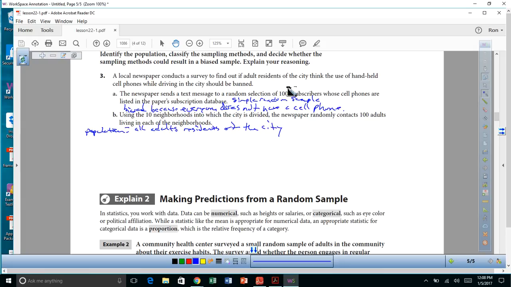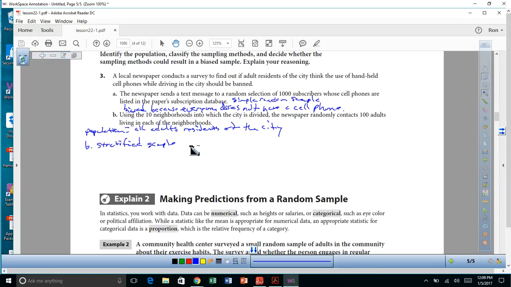What about B? Using the 10 neighborhoods into which the city is divided, the newspaper randomly contacts 100 adults living in each of the neighborhoods. Okay, so B, that's a stratified sample. Individuals are grouped, and a random sample from each group is selected.